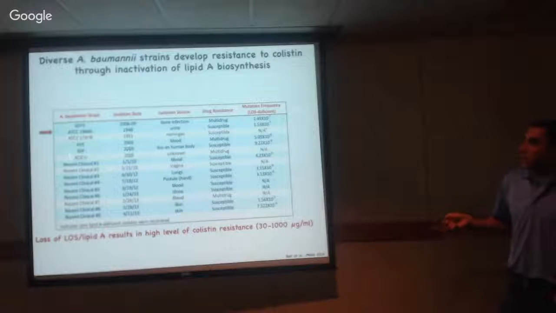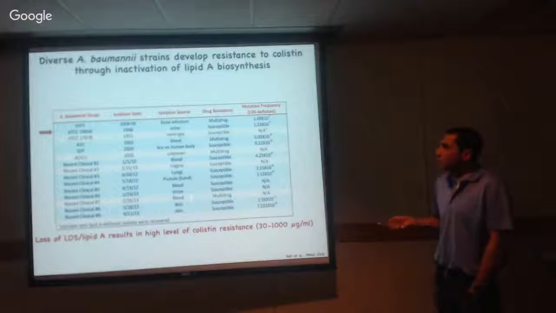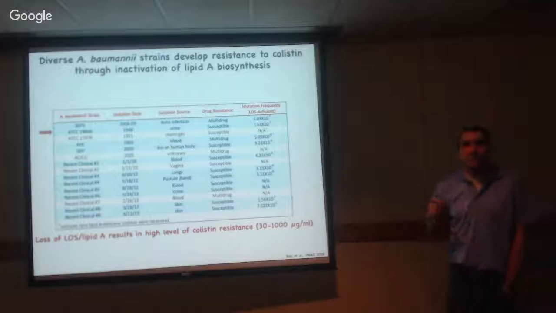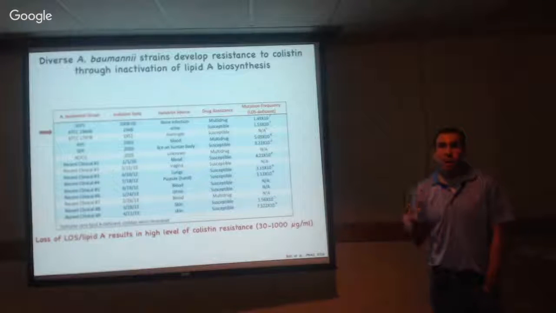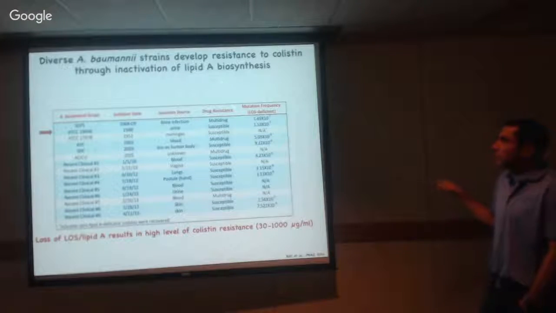He gave us clinical isolates, all isolated from different sources, and we wanted to ask: can all Acinetobacter strains survive without LOS or LPS? So I ran the screen that I showed you. I plated all of these on colistin and looked to see if we could isolate LOS deficient colonies.